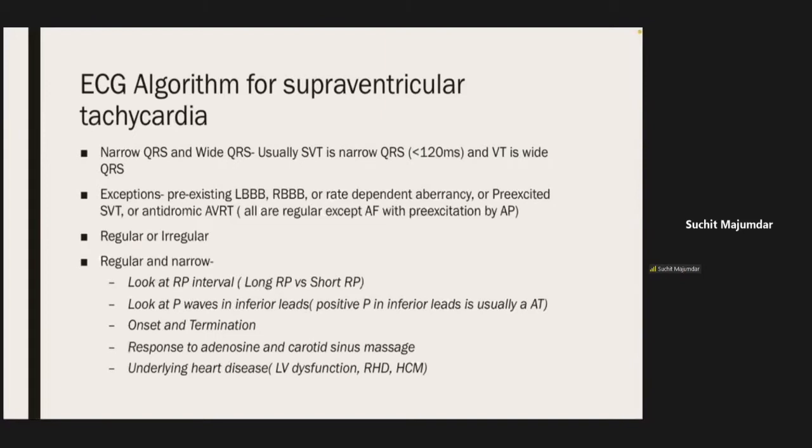Now, response to adenosine: whenever you give adenosine, if a tachycardia terminates, it is most likely due to an AV node dependent tachycardia, so AVNRT or AVRT is most likely. AT also can be there, where the atrial tachycardia is sensitive to adenosine. And also if you have underlying heart disease, for example, LV dysfunction, rheumatic heart disease, or ICM, then atrial tachycardia becomes more likely. Okay.